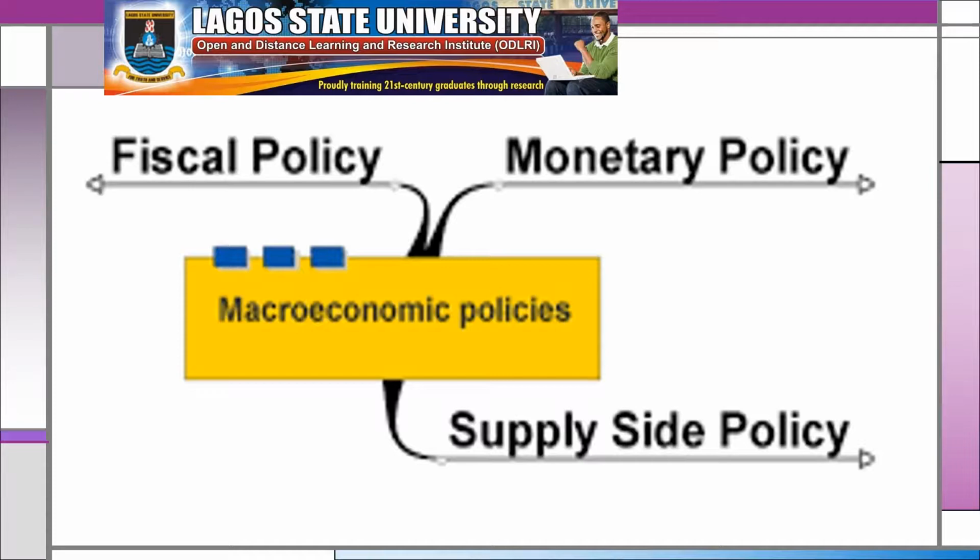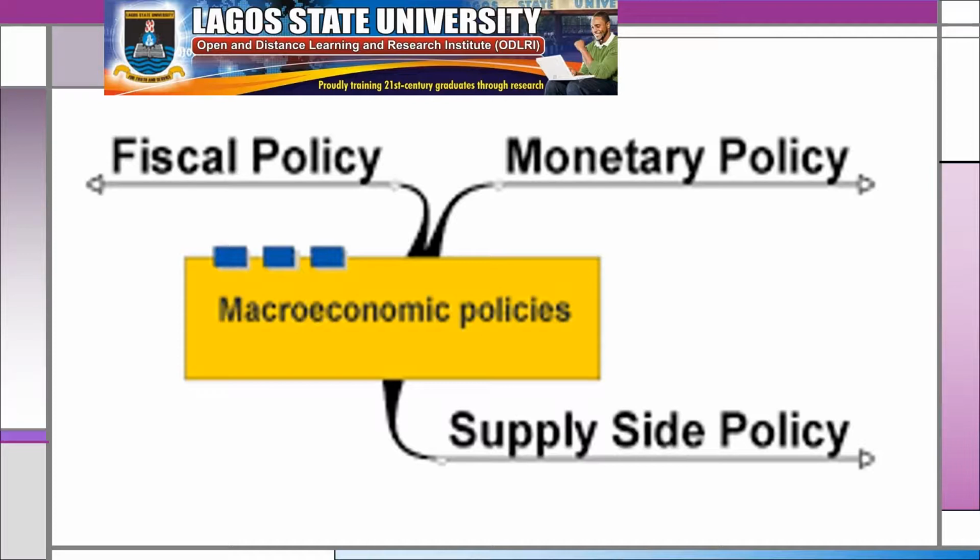For the fiscal policy, we look at the changes in government taxation, government spending and borrowing, how government uses its money, how government uses taxes for the people, and how this affects economic growth, demand, output, and employment within an economy.